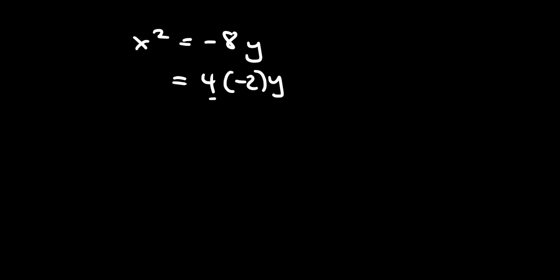Now I can identify my c here as negative 2. That's my c, so my focus is (0, negative 2). And my directrix is y equals negative c, so when I multiply the negative 2 by the negative, it gives me positive 2.